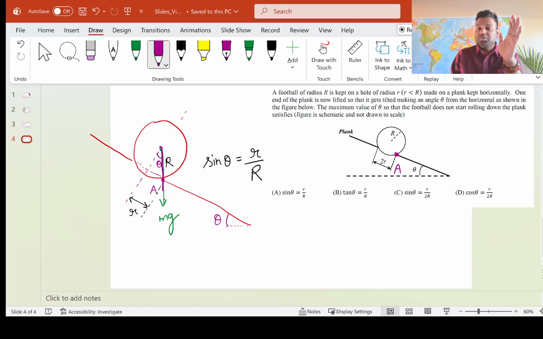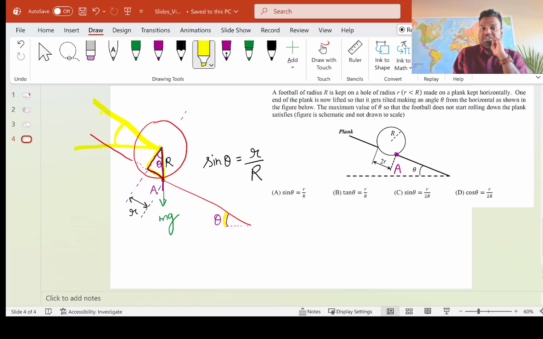And when you do that, you draw a figure, and you will see that you can use this triangle here. In this triangle, this is theta. If you draw it like this, and this is horizontal, so this is theta, and this will be 90 minus theta.